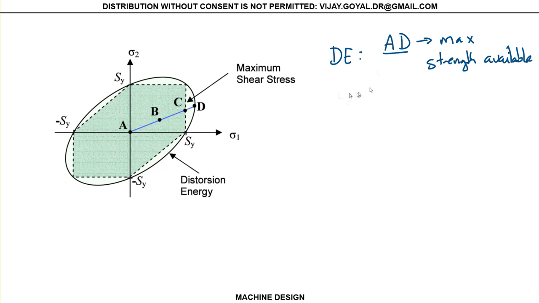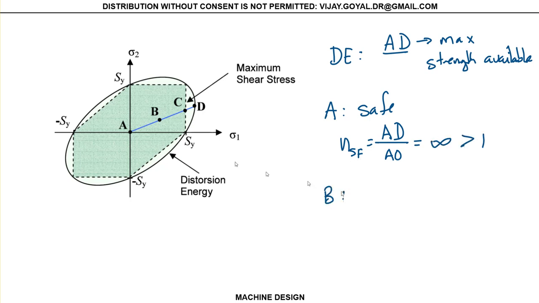Again, point A is inside the region, so it is safe. But if you want to calculate your factor of safety, that would be the maximum available over A to the origin, which is actually going to give you infinite. So it's bigger than 1, so it's safe.